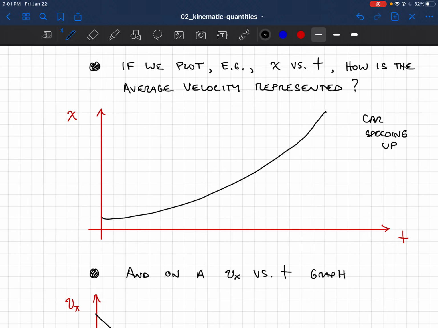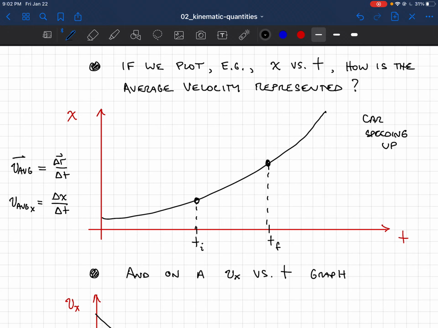up. Now, what is average velocity? Well, remember, average velocity corresponded to a time interval. So you have some t initial and some t final. And average velocity was defined to be, as a vector, delta r over delta t, but in its x component, the average v_x was just delta x over delta t.